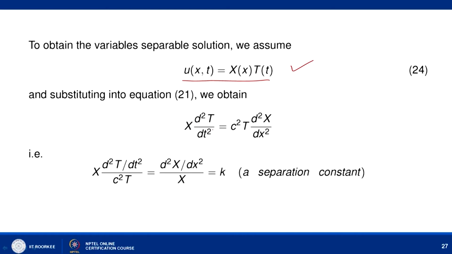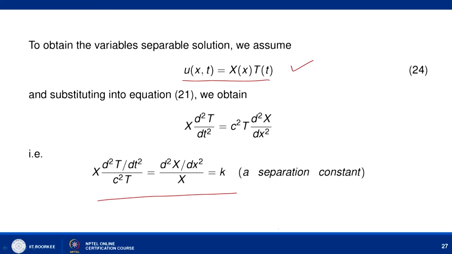So, X d2 T by dt square equal to c square T d2 X by dx square, and then you divide by c square X T, and we have this equation: d2 T by dt square divided by c square T equal to d2 X by dx square divided by X equal to k here.